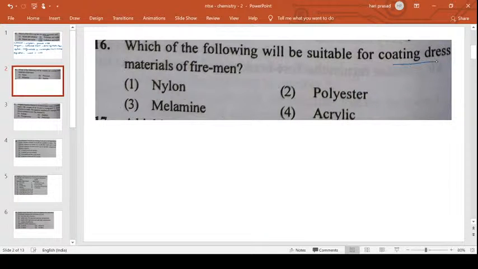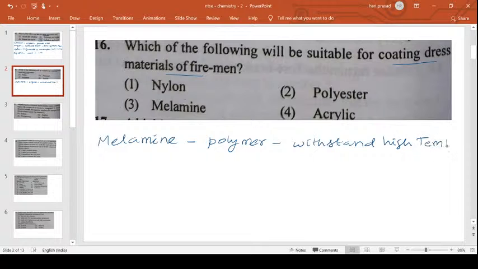Here, coating dress materials of firemen. Okay, here we will take melamine. This melamine is a polymer. Polymer in the sense long chain. This melamine polymer can withstand high temperature.